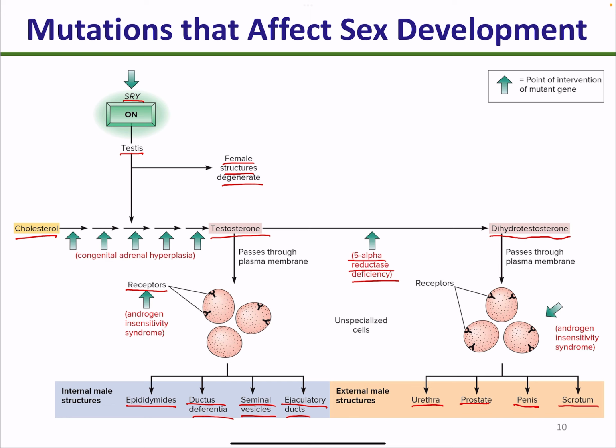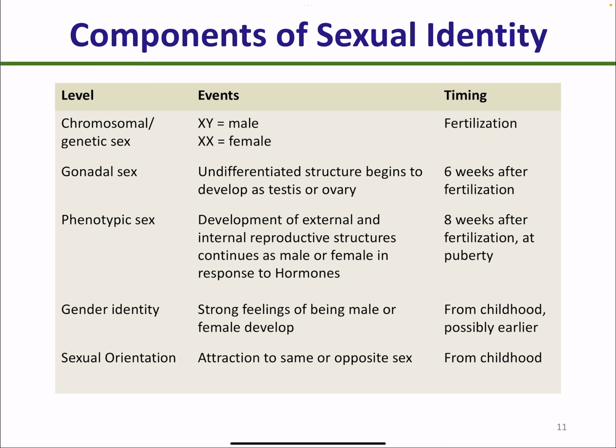All right. So here we have some components of sexual identity. At a chromosomal level, we have XY that cause male to develop, XX that cause female to develop, and this happens during fertilization, right?